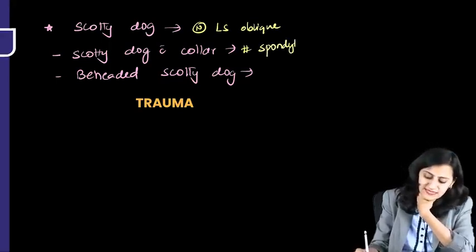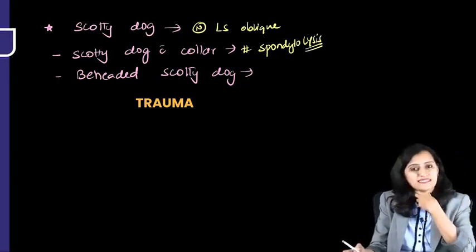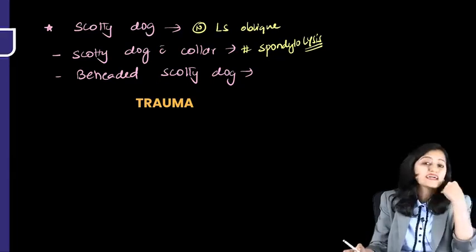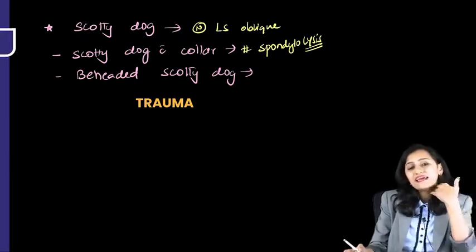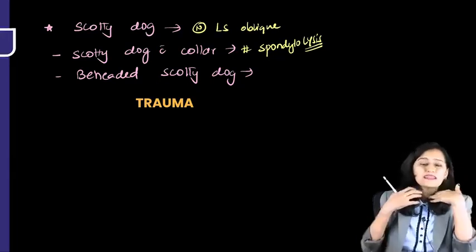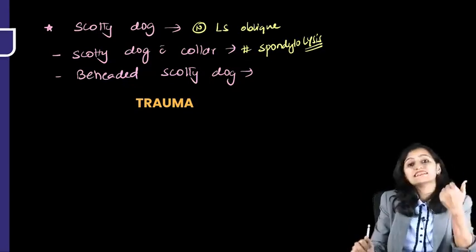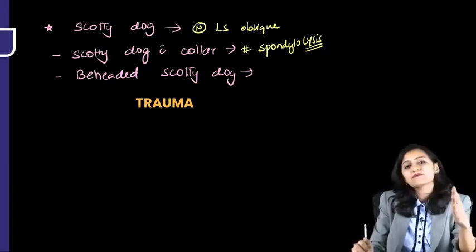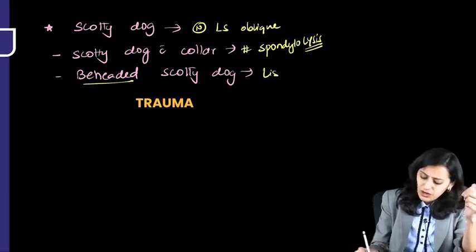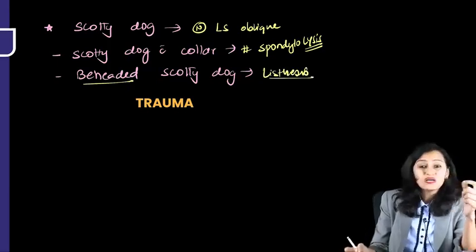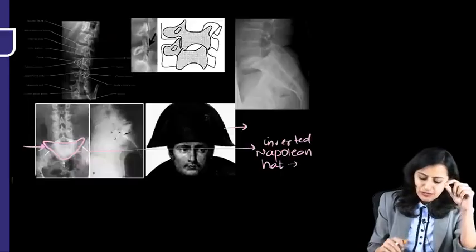That means lysis. So remember that with collar it is seen in spondylolysis. Now when the neck is fractured, the head becomes unstable and it can get beheaded. So when it gets beheaded, then it is called as listhesis. Listhesis means the slipping of the head. So beheaded Scotty dog is seen in spondylolisthesis.